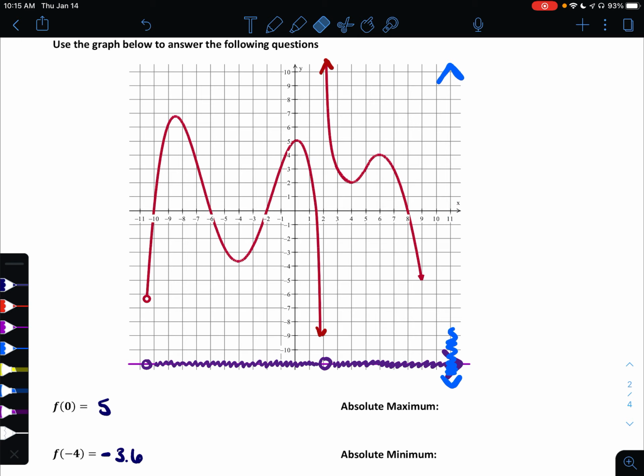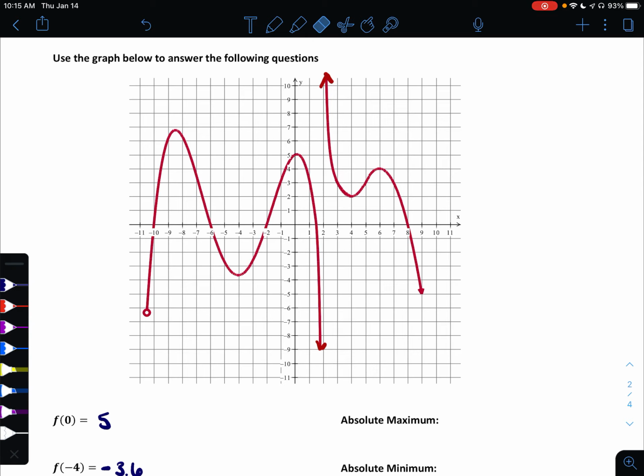Okay, then we are looking for our absolute maximum and our absolute minimum. So absolute maximum, remember, you're looking for the absolute highest point on the entire graph. But if we look at this, like I mentioned a second ago, we have this arrow pointing up toward positive infinity. Because we have that arrow there, that's telling us that our graph never ends, it just keeps going up and up and up, it's never going to reach a maximum point.